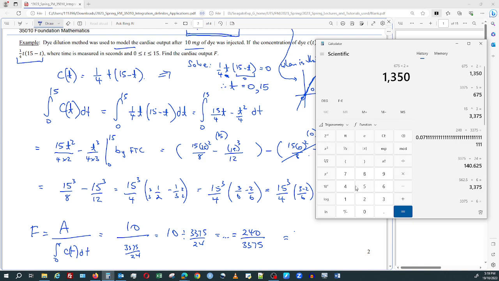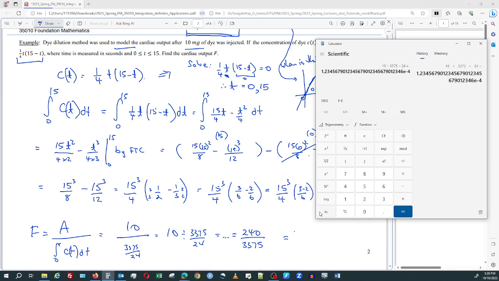And this one here, I'm going to say is 240 divided by 3375. No, I'm just going to do it the long way. 10 divided by 3375 divided by 24. 1.23.